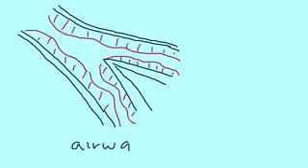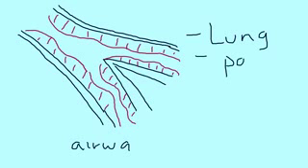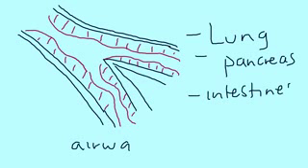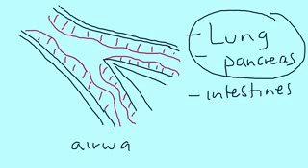And those glands include the lung, pancreas, intestines, and other things as well, like reproductive organs. But we're going to concentrate just on really these two here, the lung and the pancreas, when I talk about symptoms and treatment.